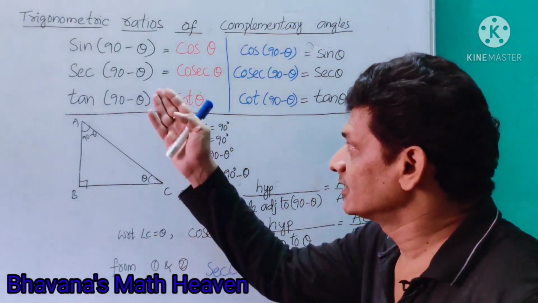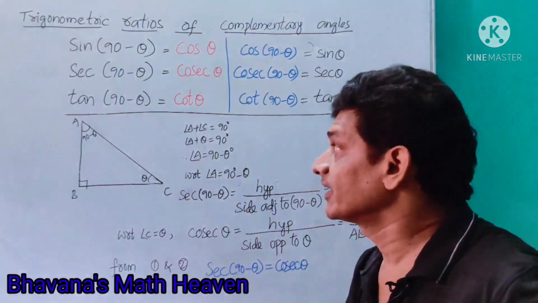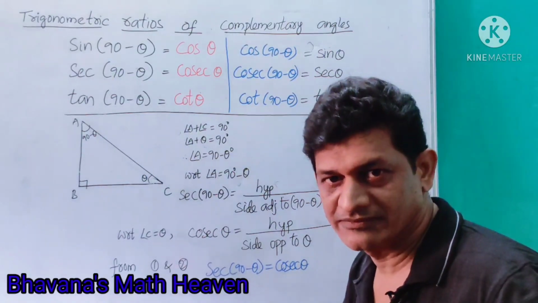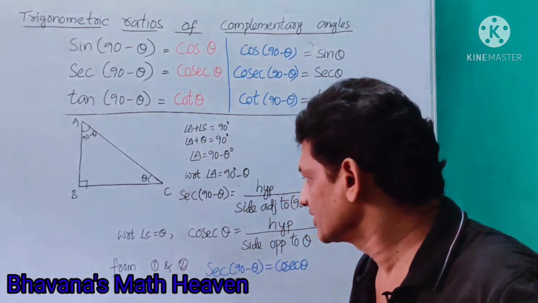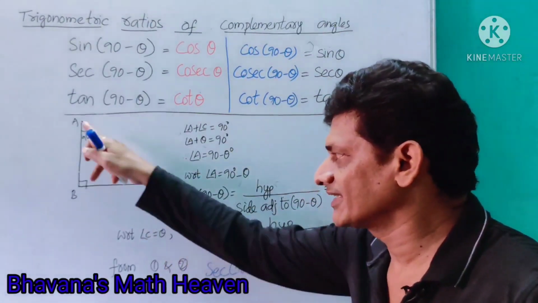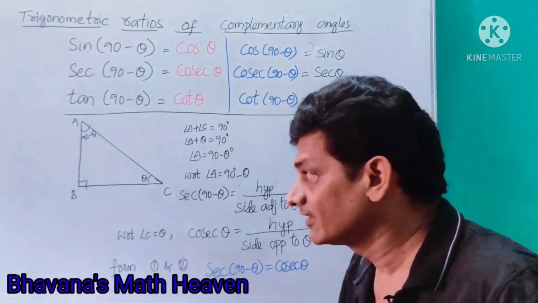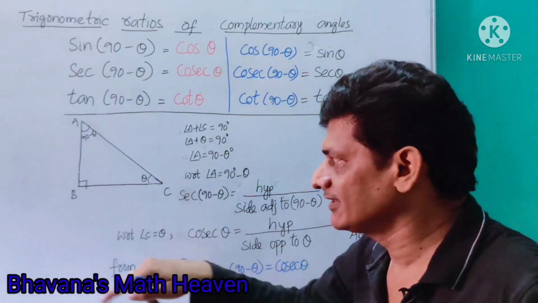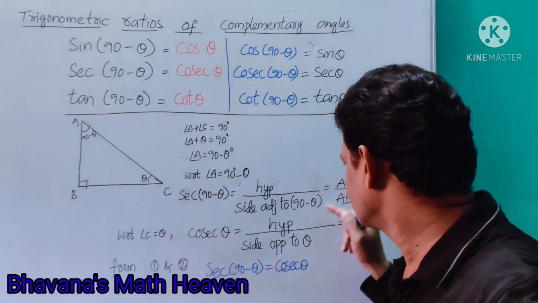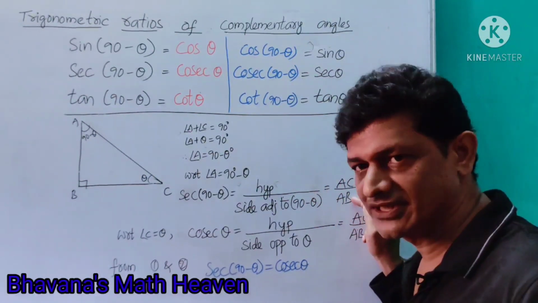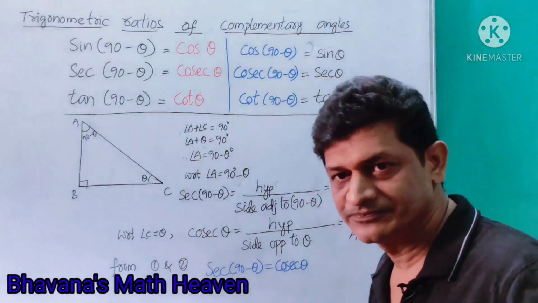Now coming to the third one, secant of 90 minus theta equal to cosecant theta. By the definition of secant with respect to 90 minus theta, hypotenuse by side adjacent to 90 minus theta. Hypotenuse is AC and side adjacent to 90 minus theta is AB. So secant of 90 minus theta becomes AC by AB.